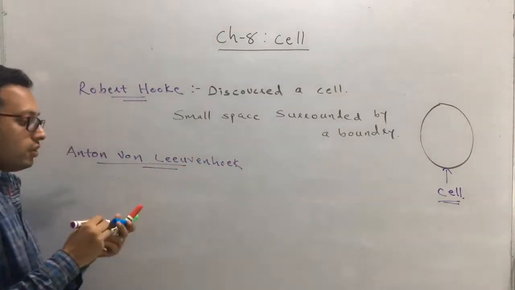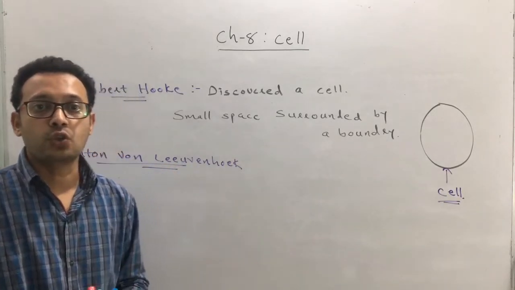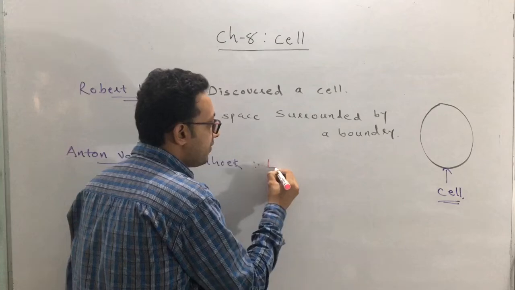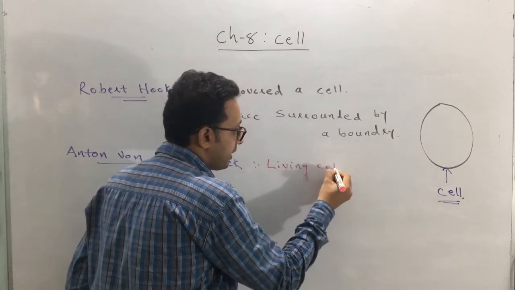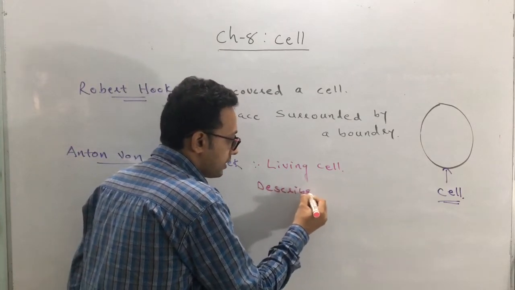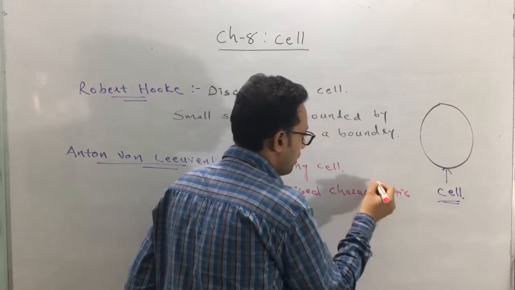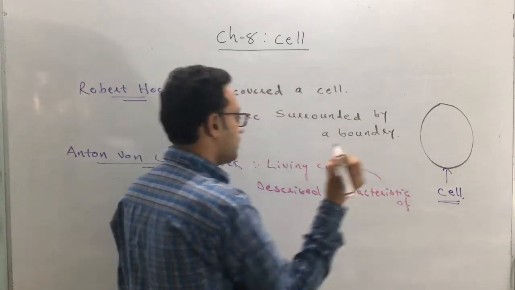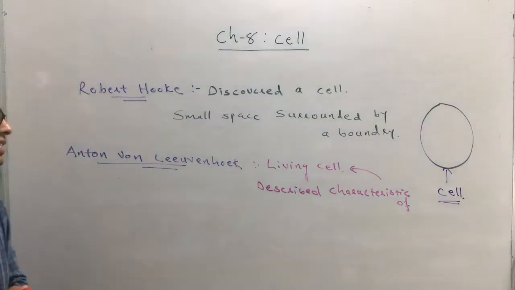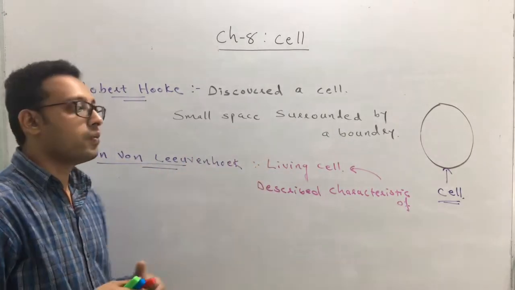He was a microscopist, an expert in designing microscopes. He observed a living cell for the first time, and he described the characteristics of the living cell. Which scientist? Anton von Leeuwenhoek.